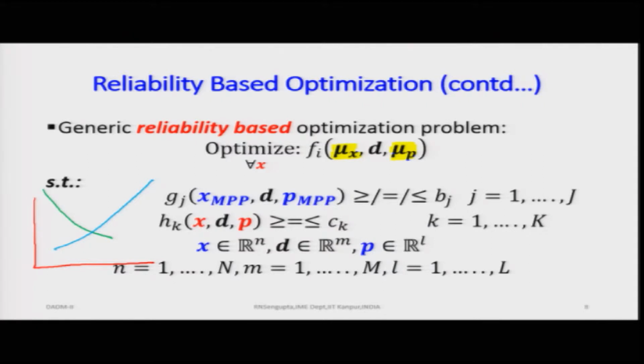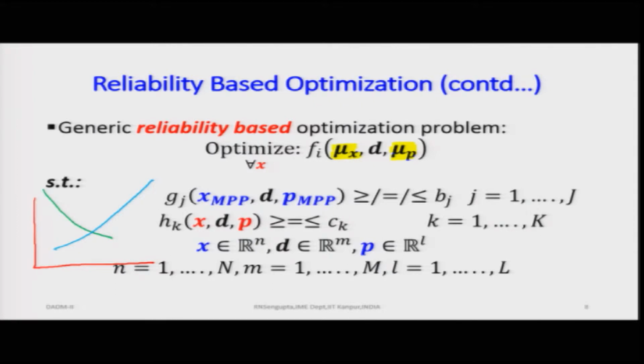So, remember one thing, when I am trying to solve it, I am trying to make a differentiation between the blue color and the red color. Red color I will consider the probabilistic part, the counterpart in the blue would be the deterministic part. But the issue is this x MPP is basically the most probable point in the U space, while its counterpart here would be the mu x and the values as it changes per iteration value.